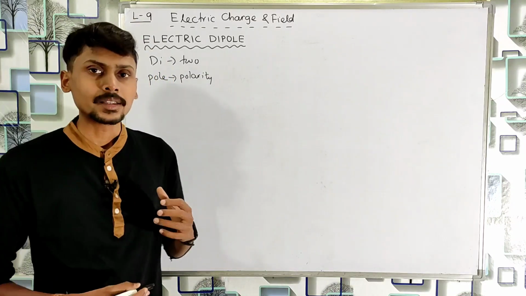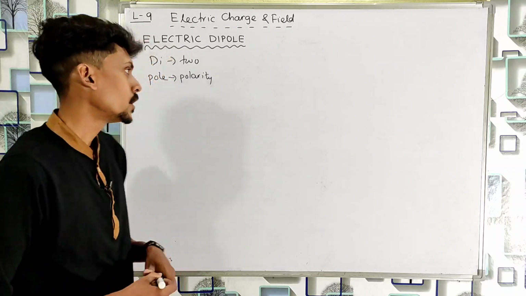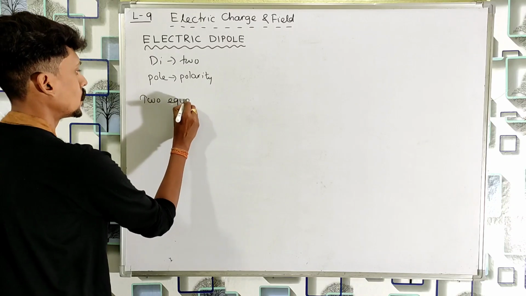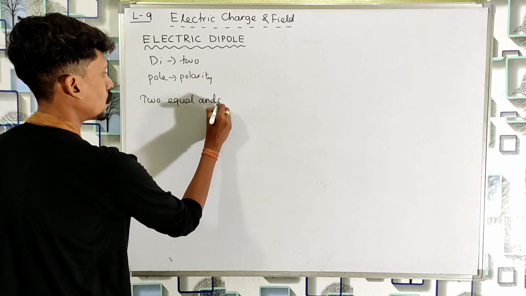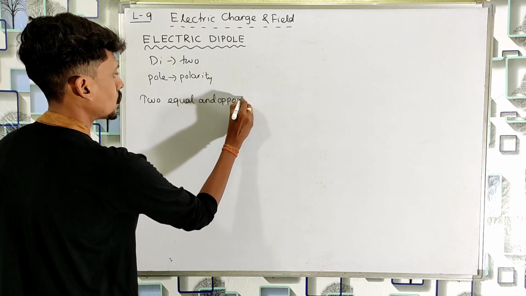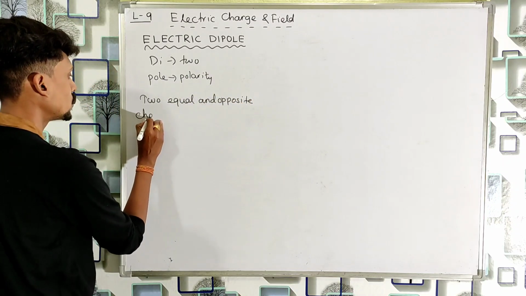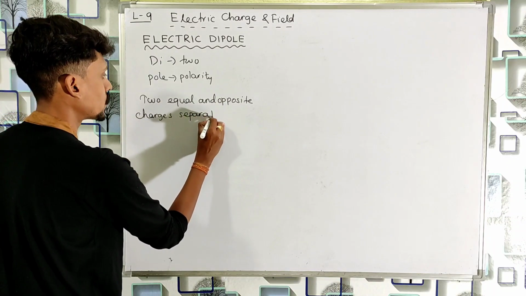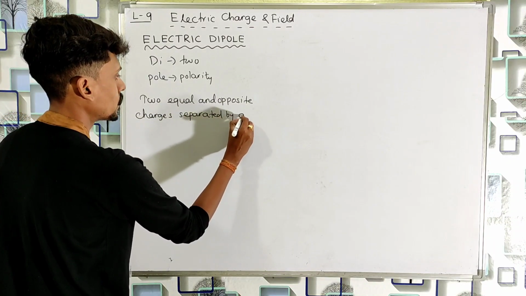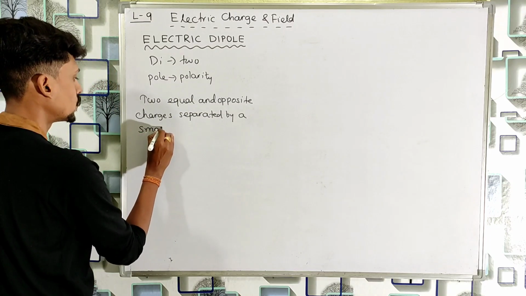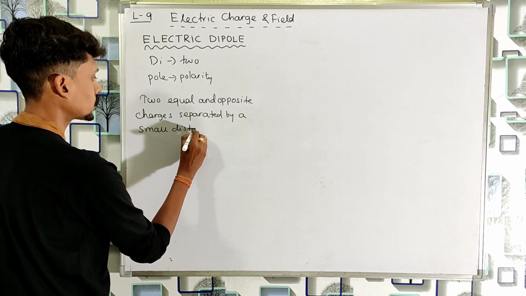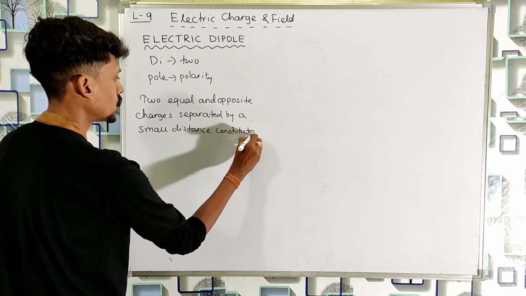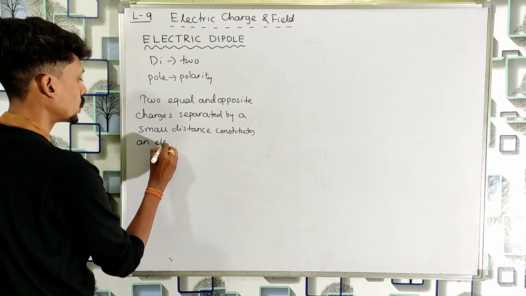So how to write the definition of electric dipole? The definition is: two equal and opposite charges separated by a small distance constitutes an electric dipole.